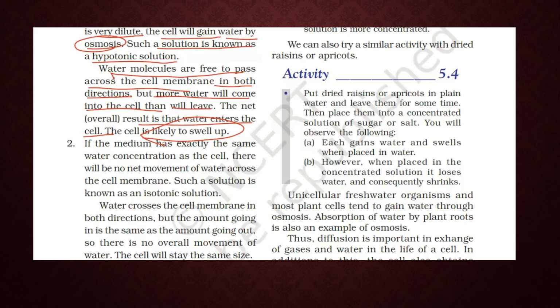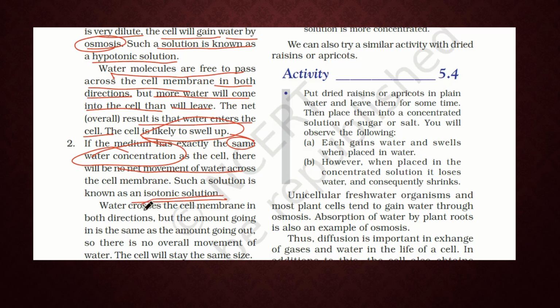Now the second example is if the medium has exactly the same water concentration as the cell, so what will happen then? Then there will be no net movement of water, since it is the same concentration. So there is no movement of water inside and outside the cell. This is called an isotonic solution.